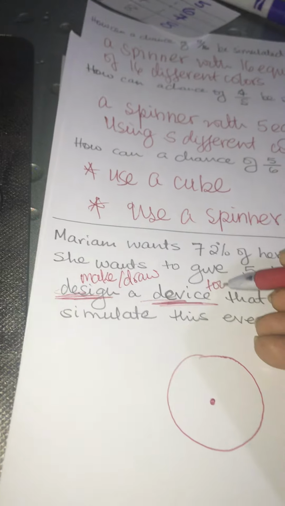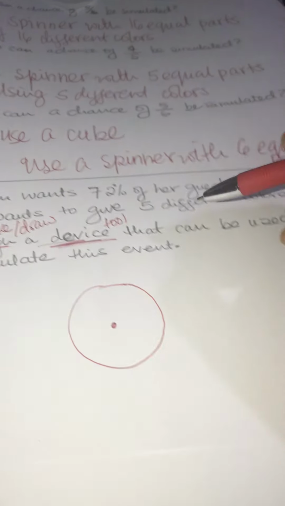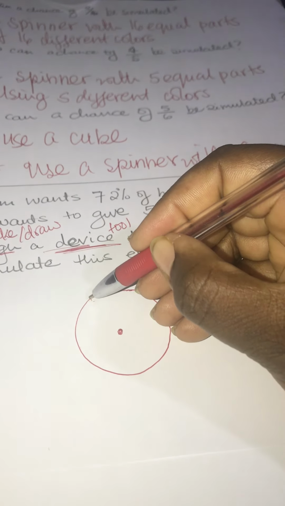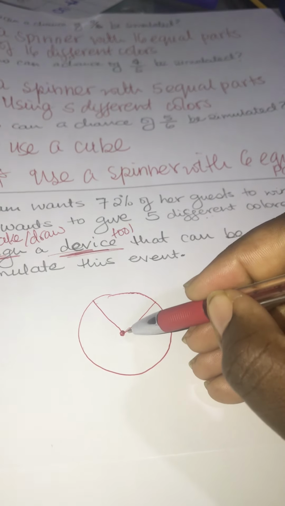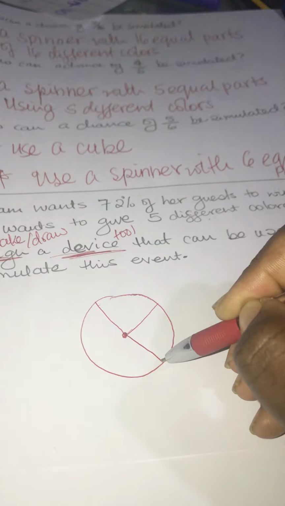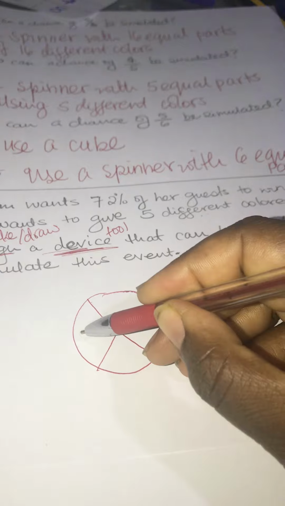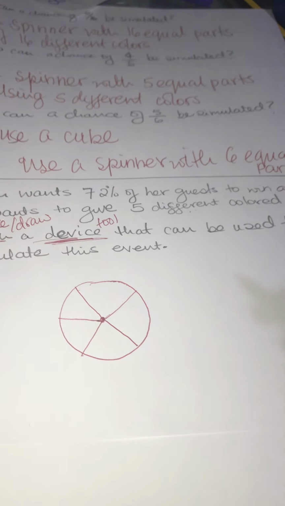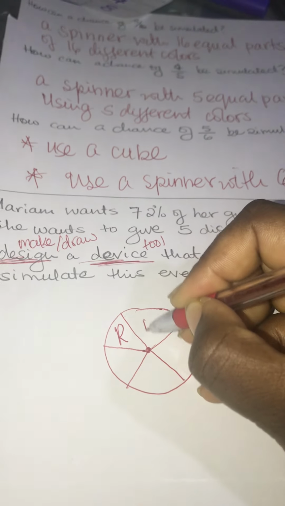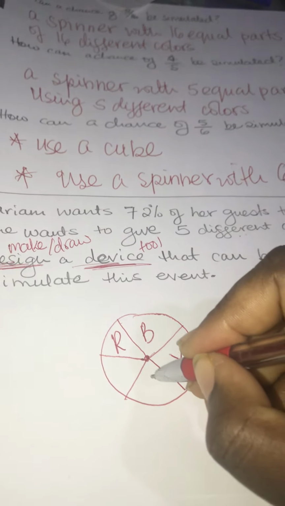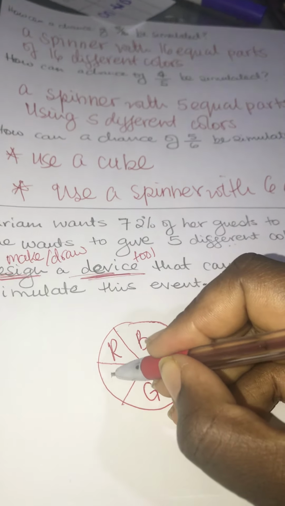Device means tool, a cube, like that. So you make a spinner and you need to have 5 equal parts. I hope I will draw 5 equal parts. I don't know. Okay, I tried. 5 equal parts. Then 5 different colors. Red, blue, yellow, green, pink.